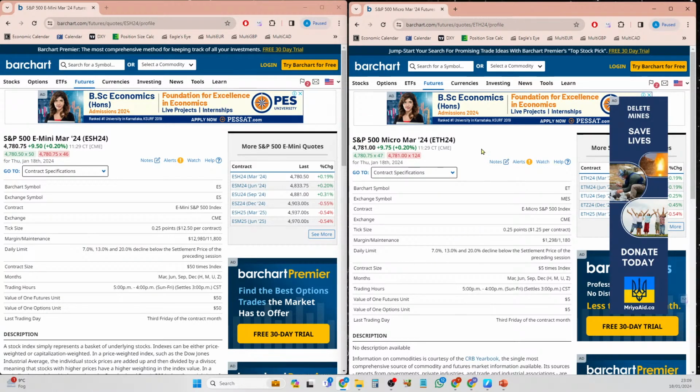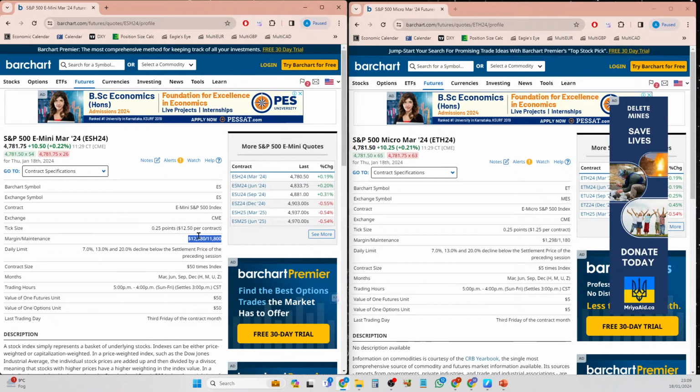Now, the reason for the smaller size contract is the margin that you have to maintain in your account when you trade the standard contract on the exchange. What margin means is you have to have that much money in your account to be able to buy or sell one single contract, that is one E-mini contract.